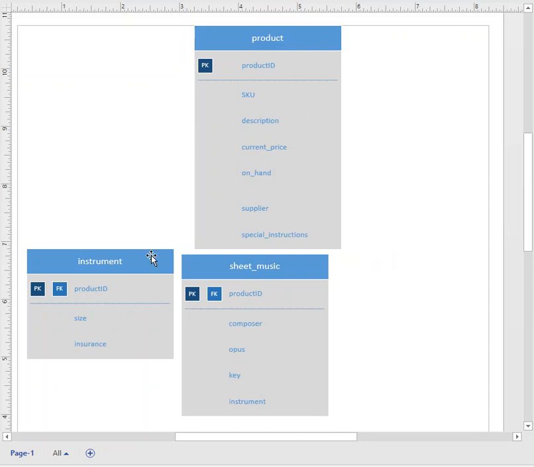So another design decision you're going to make is you're going to decide on whether your supertype or whether one of your subtypes can be in multiple. So if we stay here and look at product, chances are an instrument is never going to be in the sheet music category, and the sheet music is never going to be in the instrument. So in this case, we would not have overlapping entities.